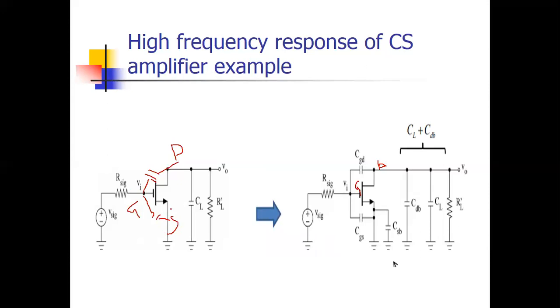So you can directly connect CSB like this, from source to ground. Next is CDB, which will definitely be between drain and ground, because the body is at ground.